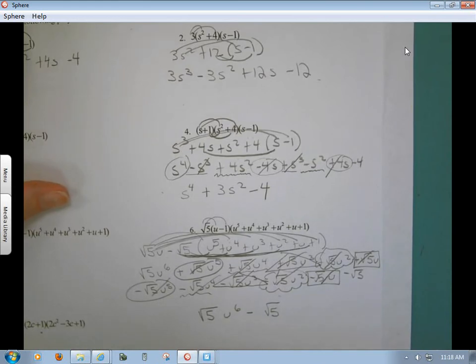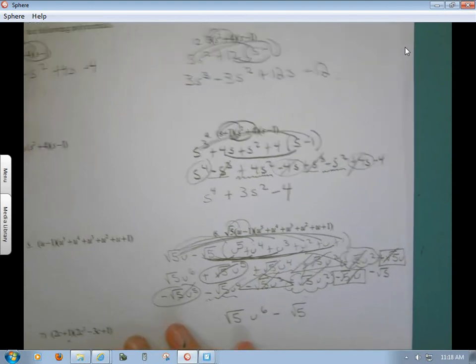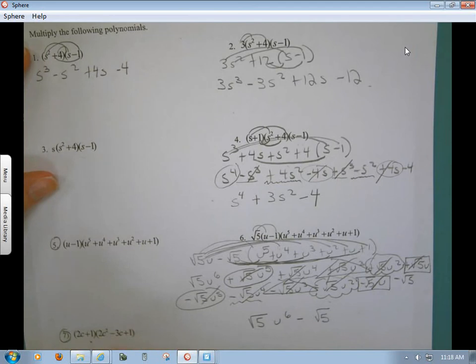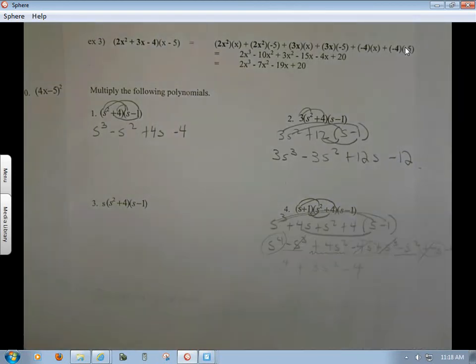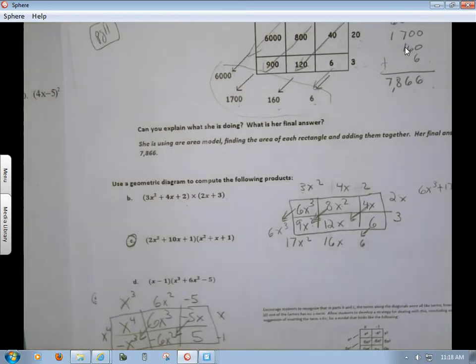And that's it. Why don't you guys try numbers 5 and 7, and then go back to page 11 and try problem C on your own, where you actually make the geometric representation.